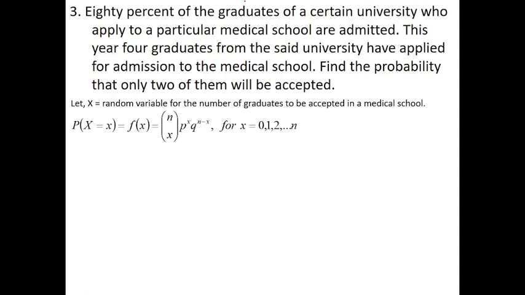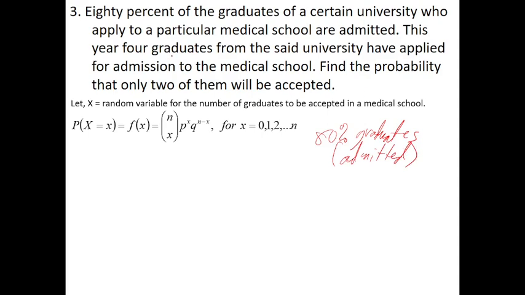So we have 80% of the graduates of the certain university who apply to a particular medical school are admitted. So that is the given. We have 80% of graduates who apply of a certain university who apply to a particular medical school are admitted. So 80% graduates admitted, okay, in a medical school.